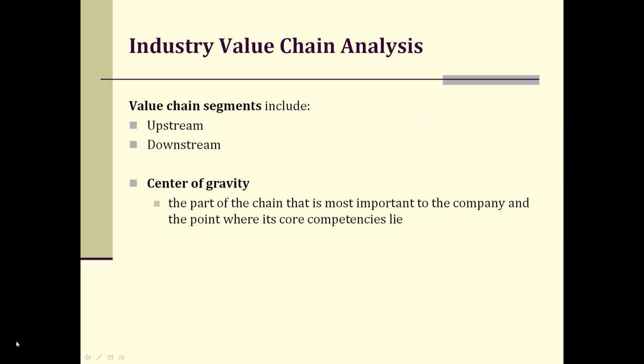So the value chains of most industries can be split into 2 segments: upstream and downstream. A company's center of gravity is the part of the chain where the company's greatest expertise and capabilities lie, its core competencies.